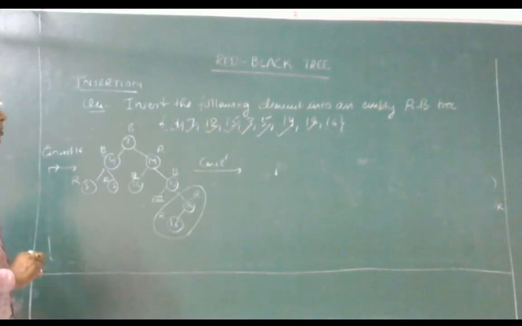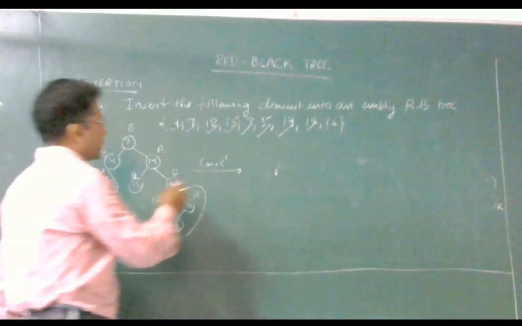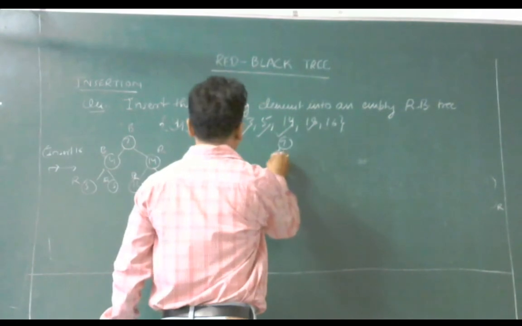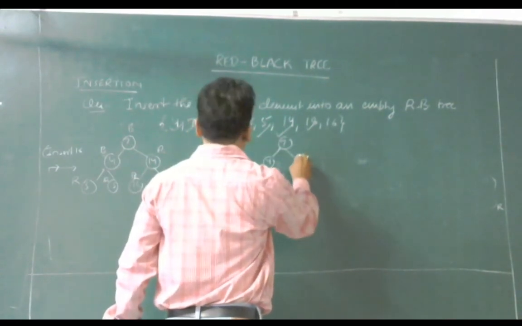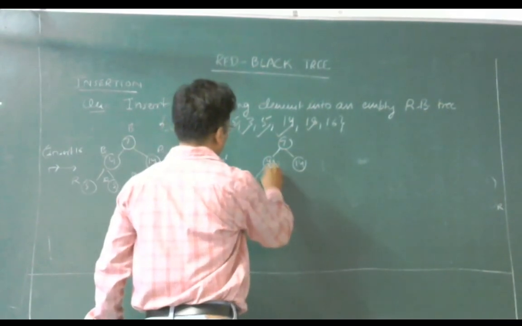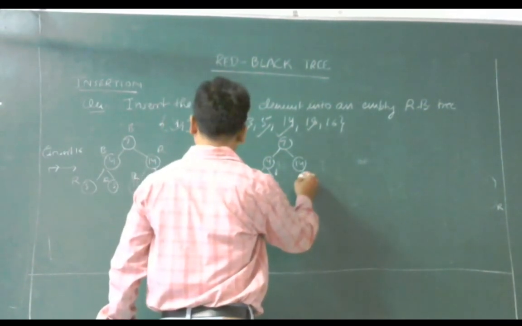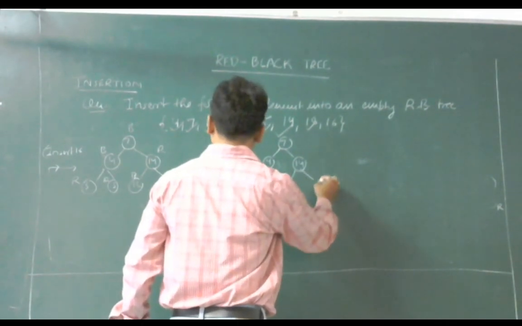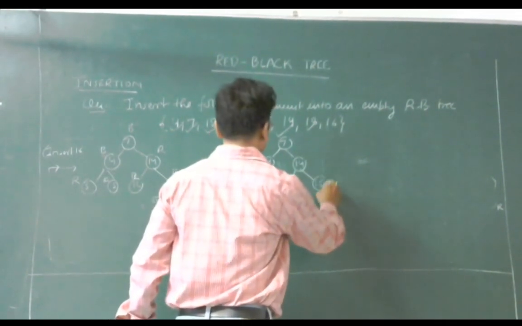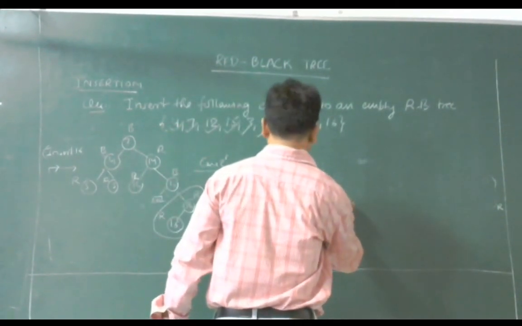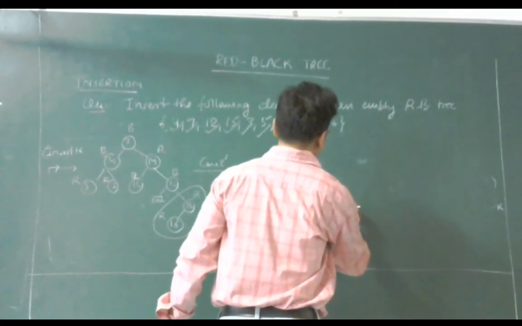the node Z. After this rotation, it will look like this: 7, 4, 14, 3, 5, 12, 15, 16, and 18.